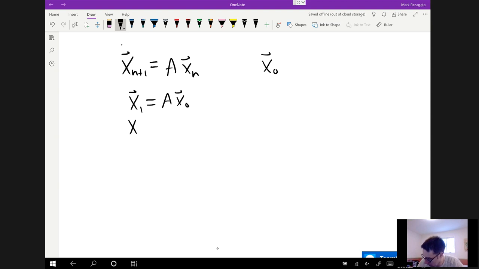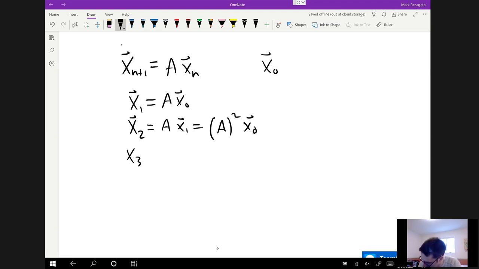And if I want to find the next state, I would take A times X1. But since we already know X1, notice that that can be written as A squared times X0, right? We're going to have A times A X0, which is the same thing as A squared.